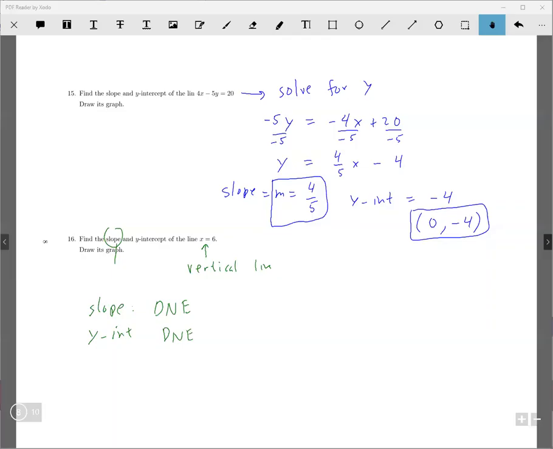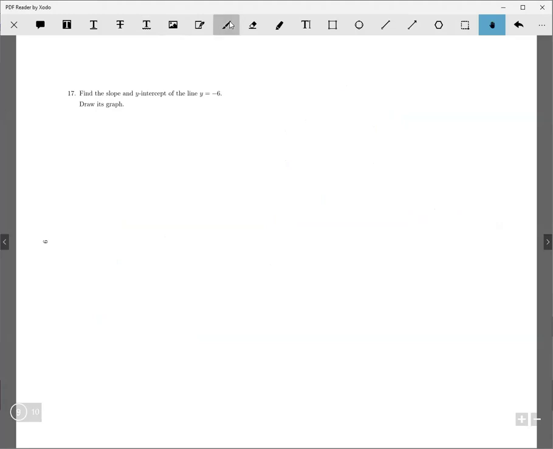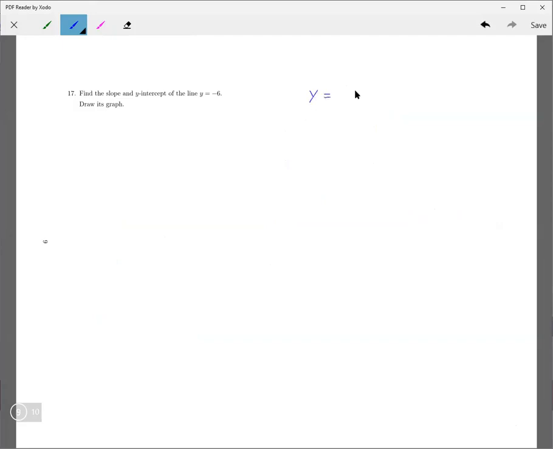Let's go back to the PDF reader. Okay, great. So now number 17. Find the slope and y-intercept of this line. This is a horizontal line, and you could also think of that as 0x minus 6. So that 0x is still 0, and all this would simplify down to just being negative 6.